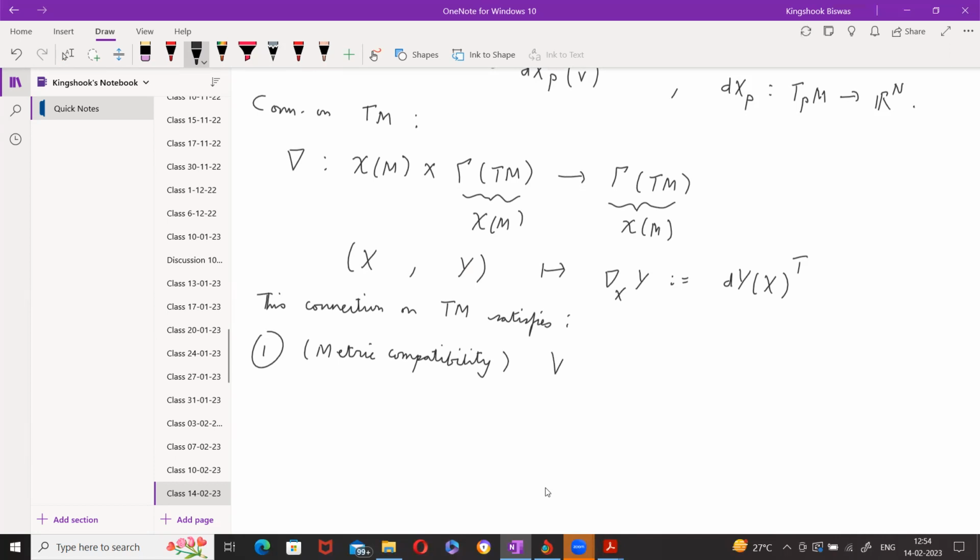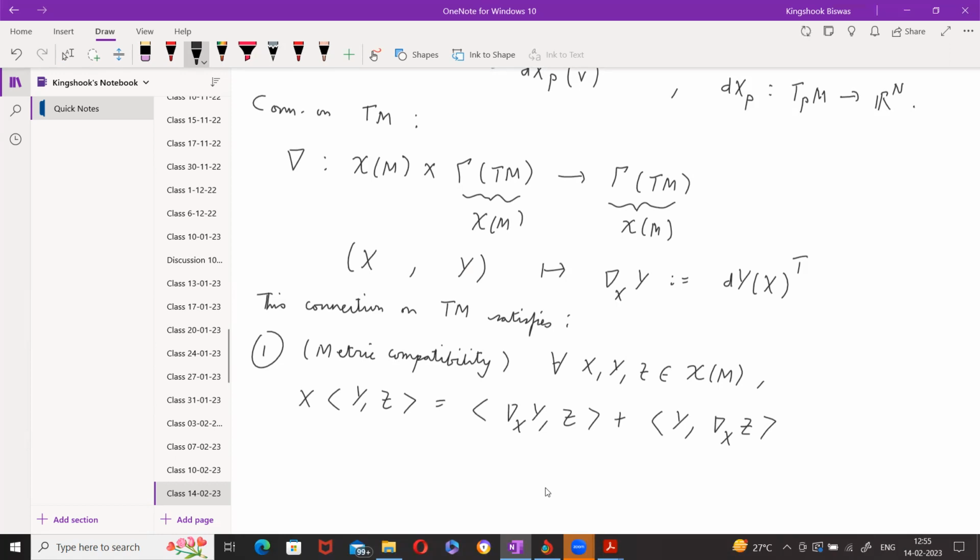For all X, Y, Z vector fields on M, X applied to the inner product between Y and Z is equal to the inner product between nabla XY and Z plus the inner product between Y and nabla XZ.